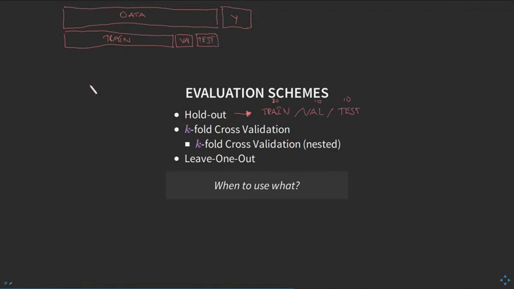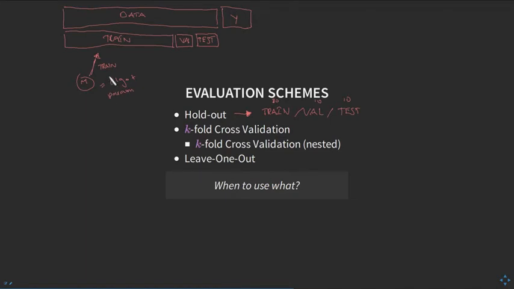Then we have our model, and our model is going to train on the training set. And again, realize that a model is an algorithm plus parameter settings.